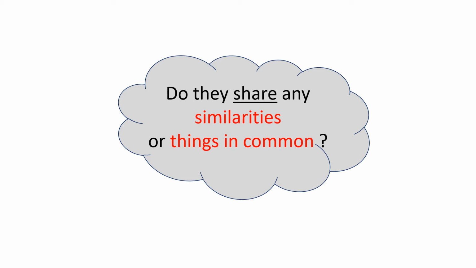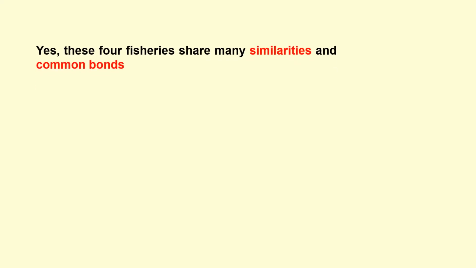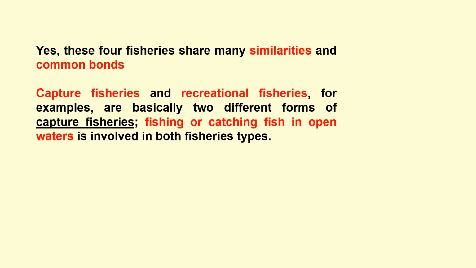What about similarities? Do they share any similarities or things in common? Yes, these four fisheries share many similarities and common bonds. Capture fisheries and recreational fisheries, for example, are basically two different forms of capture fisheries.